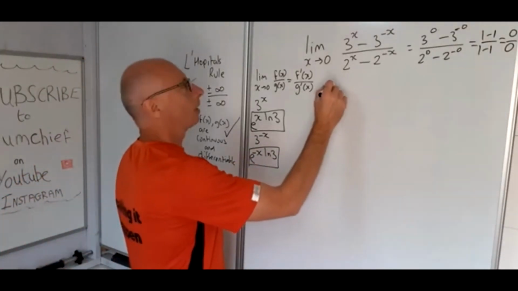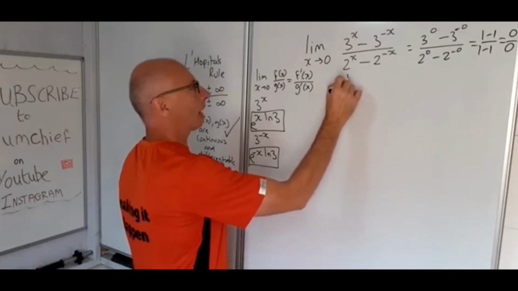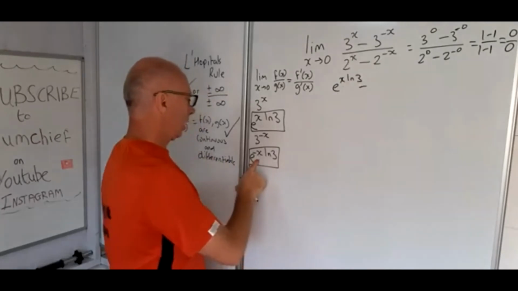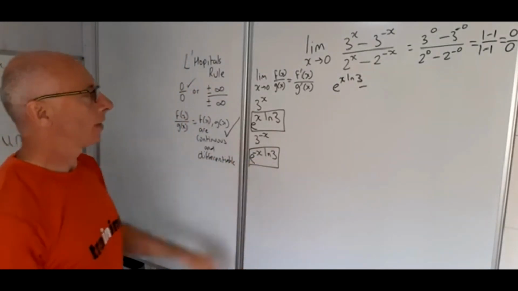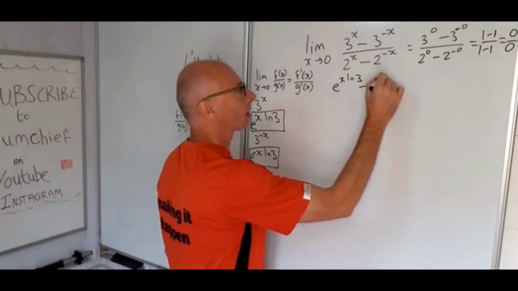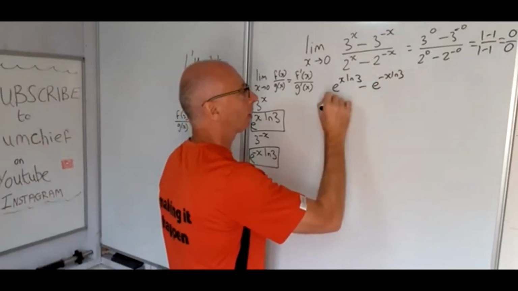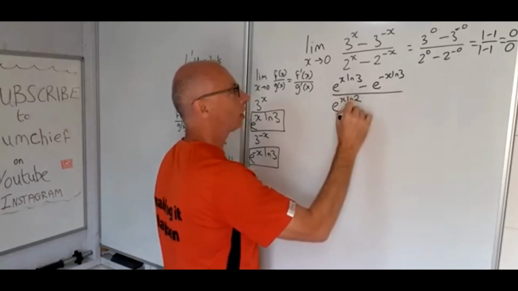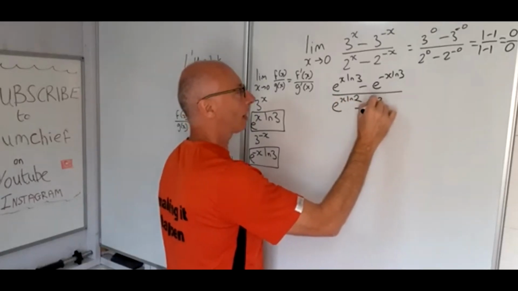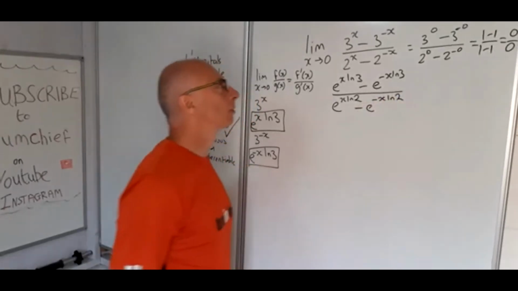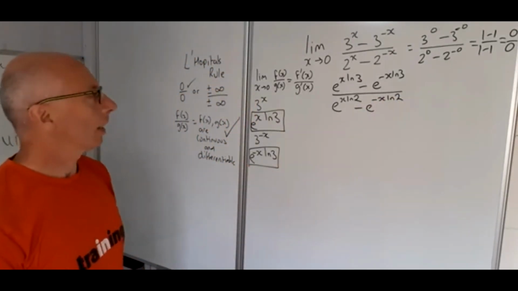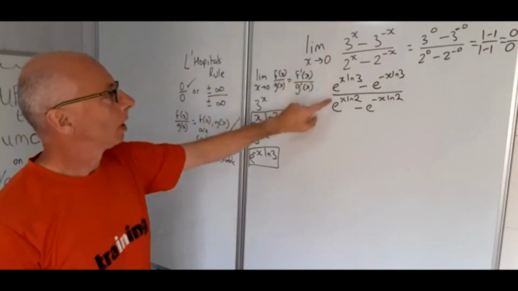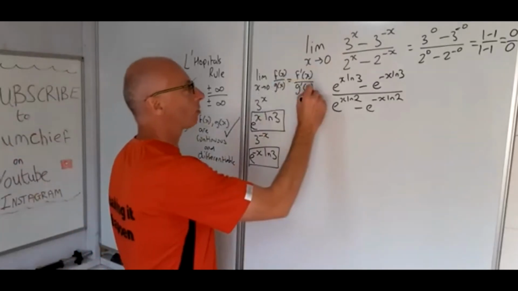So we've got e to the x ln 3 minus e to the minus x ln 3, divided by e to the x ln 2 minus e to negative x ln 2. Okay, so we're now taking the derivative of top and bottom, and we plug in our 0 here.